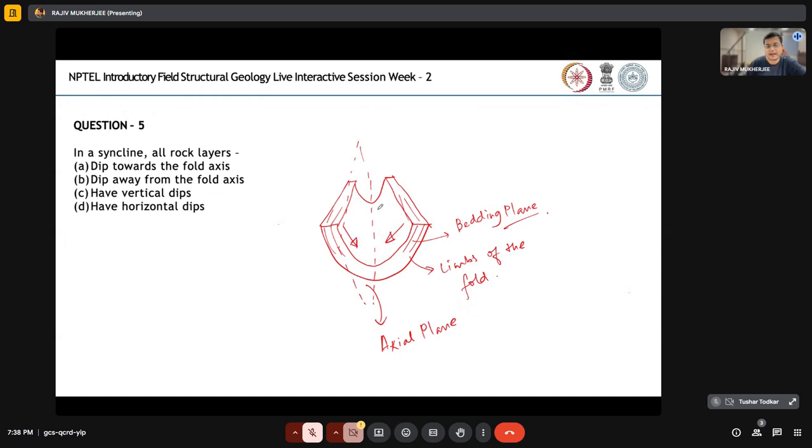If it is dipping away from the fold axis, then it has to be an antiform. Geometrically, for all synforms, they all dip towards the fold axis. That would be the right answer. Right? So if it was an antiform, then it surely would have dipped away from the fold axis.